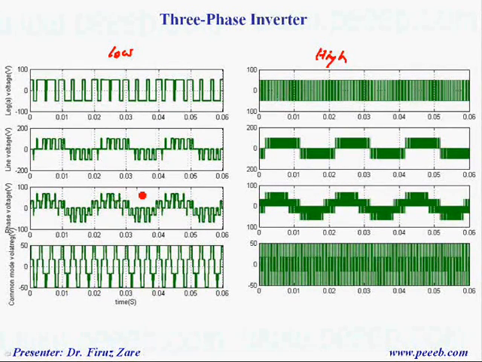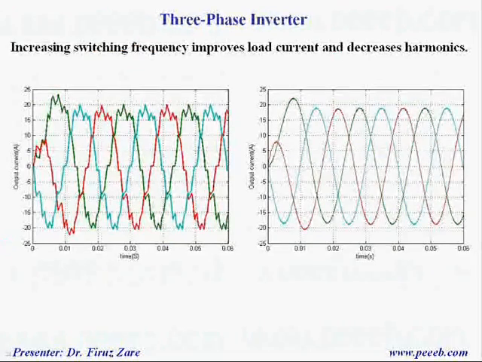But I would like to describe the leg voltage, line voltage and phase voltage and also common mode voltage. Here we have leg voltage, which is basically changing between plus and minus. Here we have line voltage, which is, for example, leg A minus leg B. And here we have phase voltage and common mode voltage that I'm going to describe in the next section.